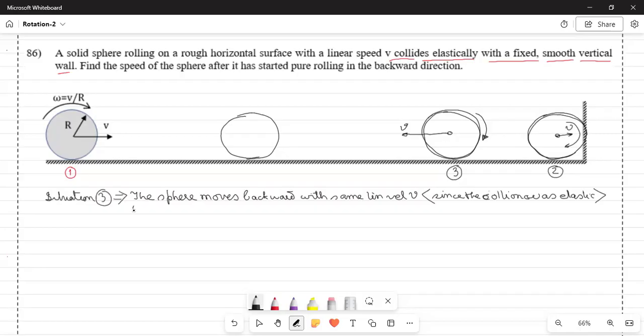Here the velocity v creates an anti-clockwise angular momentum.